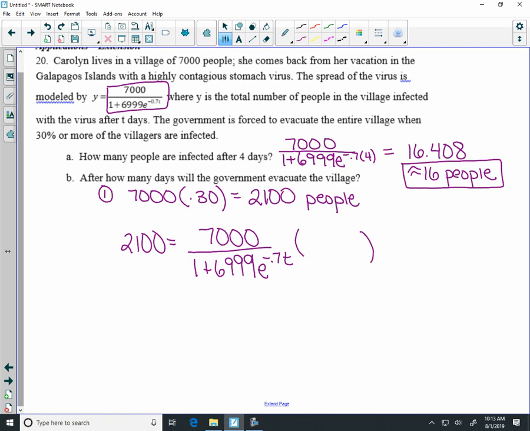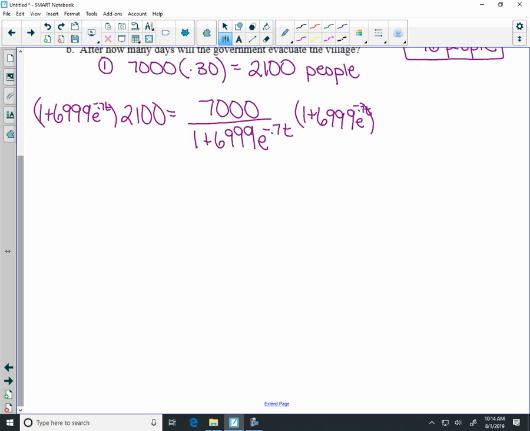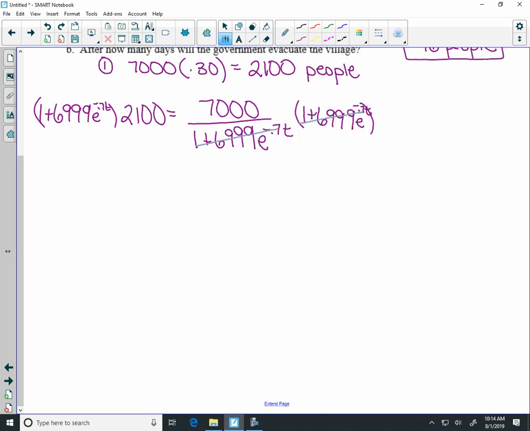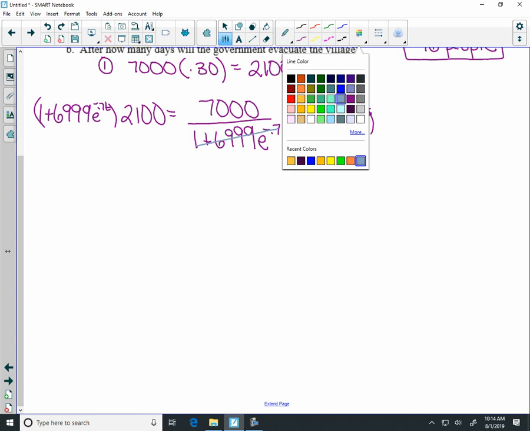So we need to move that denominator over by multiplication. Moving it by multiplication lets us get it out of the denominator, which is what we want. We don't want to work with fractions here. We've got enough going on as it is.